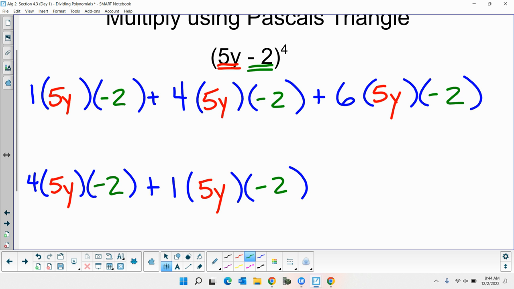Questions so far? It's pretty easy so far, isn't it? Now, what do we got to remember about the exponents? It's a 4. That's why we went to the row 4, the 1, 4 row, right? To get those numbers.